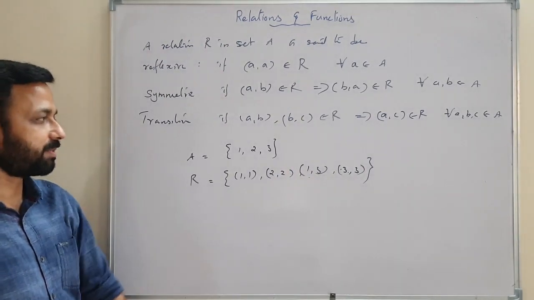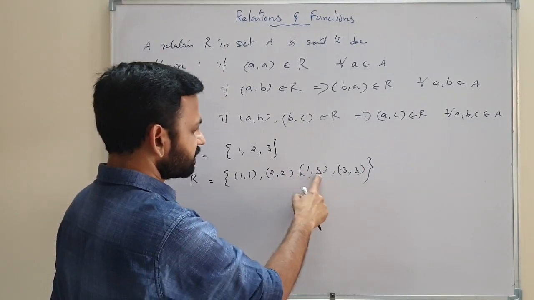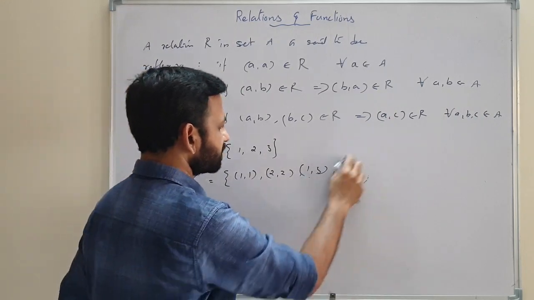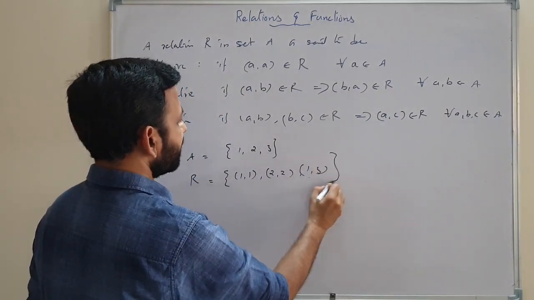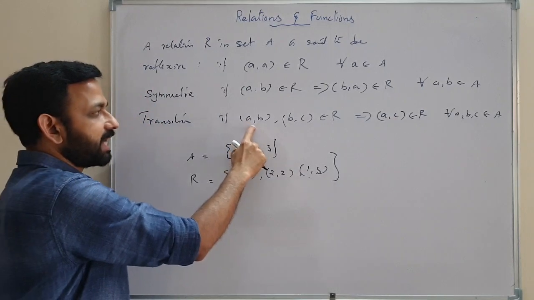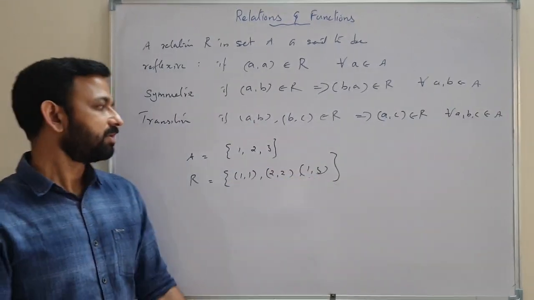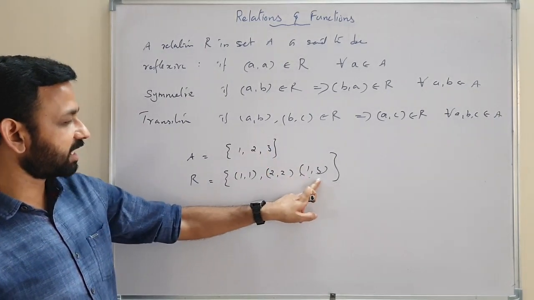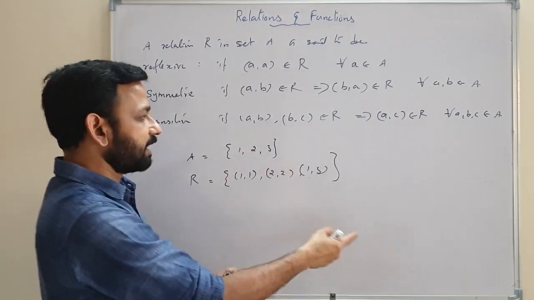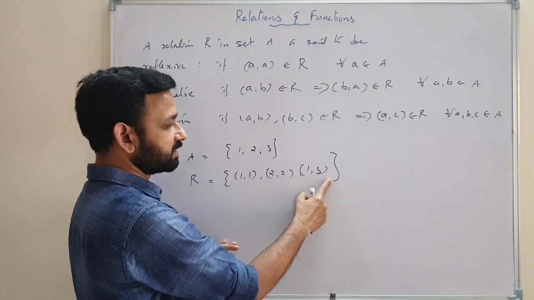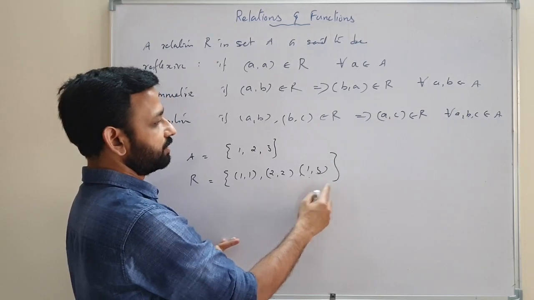And the transitive property. (1, 3) is there. Transitive means if we have these two elements, then the third one should be there. So here (1, 3) is there. Then if we have another element starting with 3, say (3, 2).